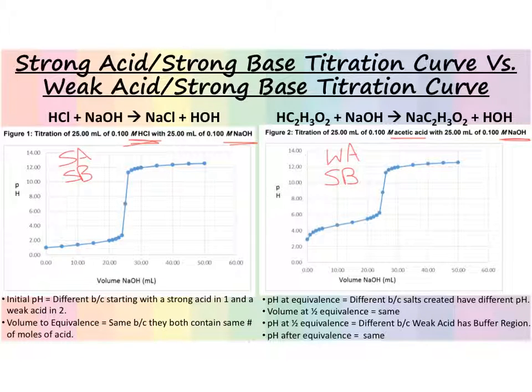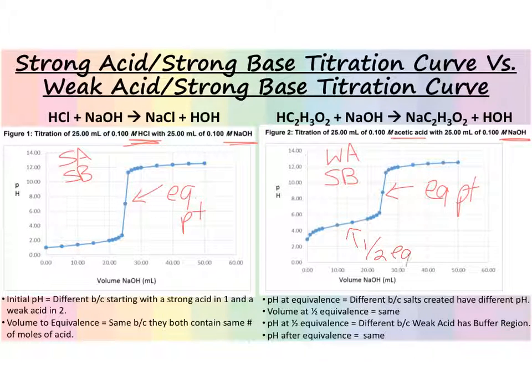First I'm just going to talk to you about the general shape of them. Please notice that this point right here where the pH suddenly shoots up, that's the equivalence point that we had talked about before. If you have whatever that volume was for our equivalence, it looks like it was about 25 mL. If we halve that, about 12.5, that's your half equivalence.